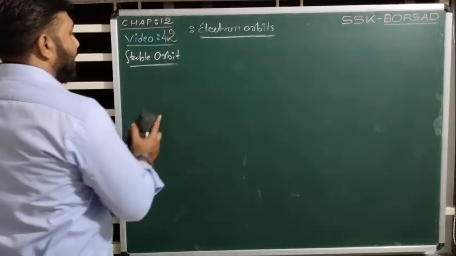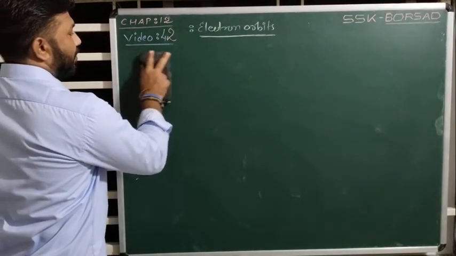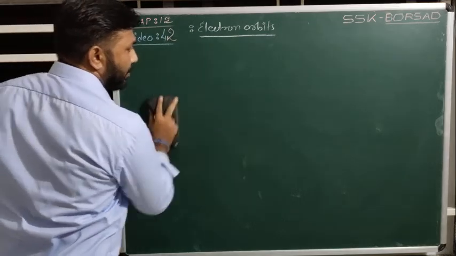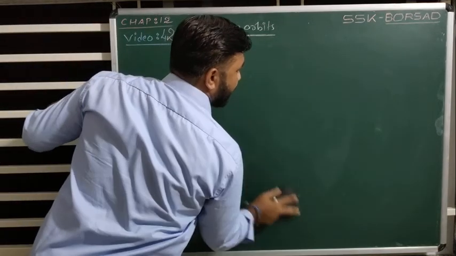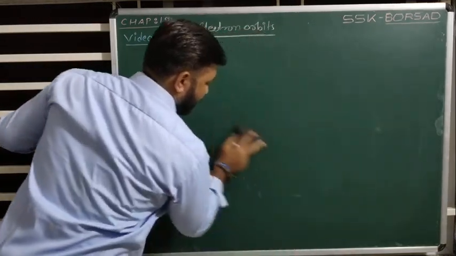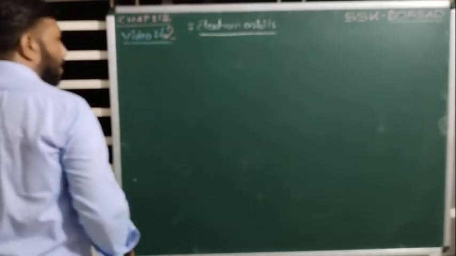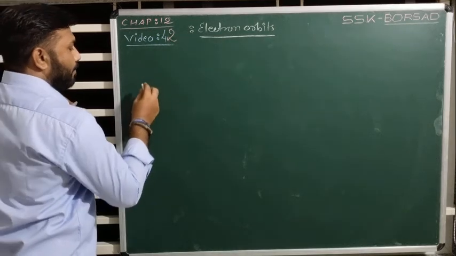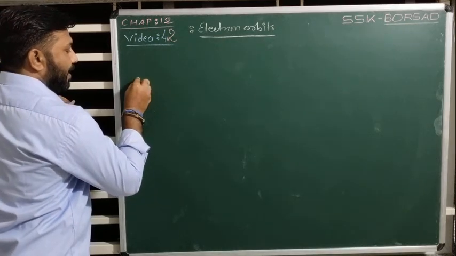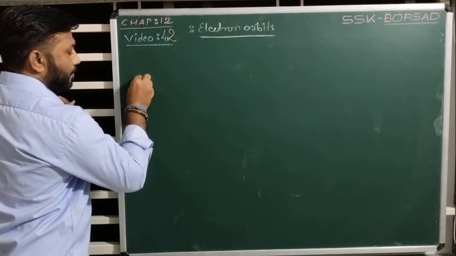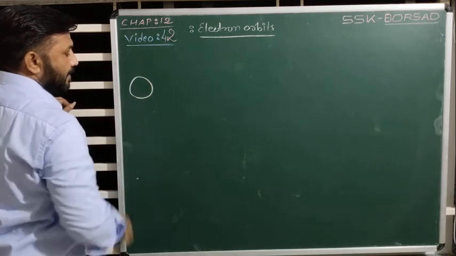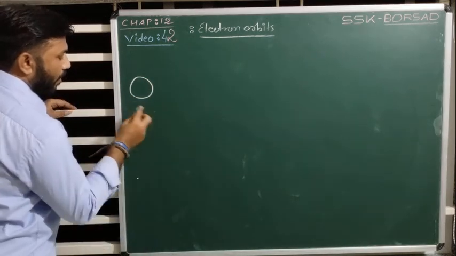Now, as we know, electrons are revolving around the nucleus in a stable orbit. So, let us see. The figure is not there once again, but we are looking for that figure for our simplicity. Suppose this is the nucleus of which atom?